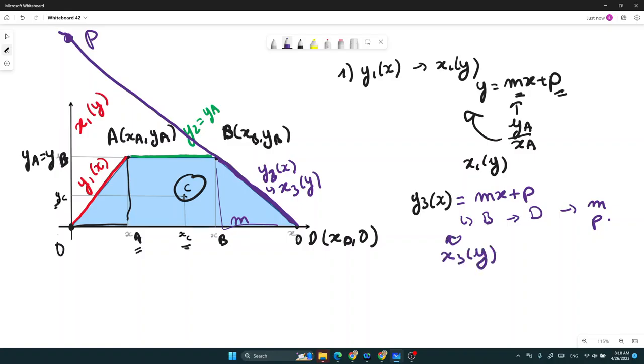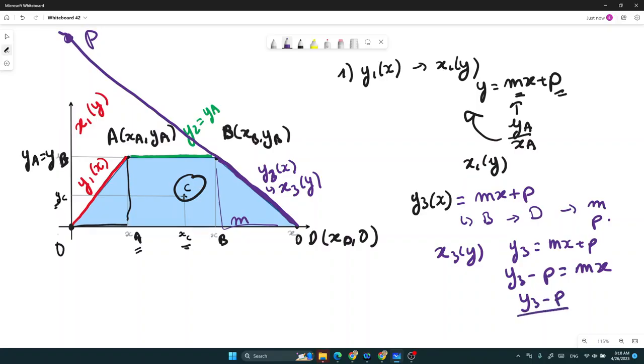After you solve for m and p, you will switch all your numbers to find x3 of y. Be careful, you will move over the m. Let me show you x3 of y. So let's say you find y3 equal mx plus p. You will have y3 minus p equal mx. So you will have y3 minus p divided by m equal x.